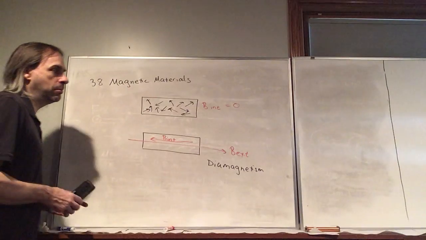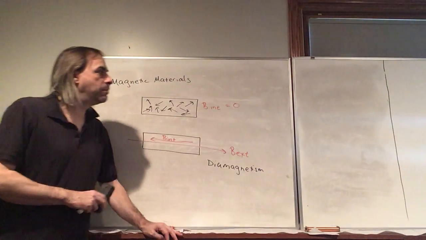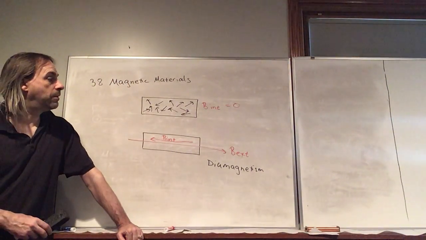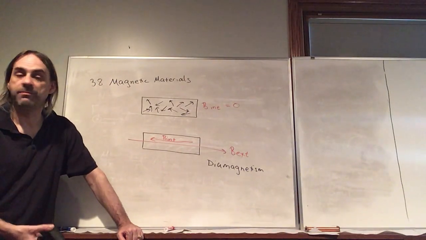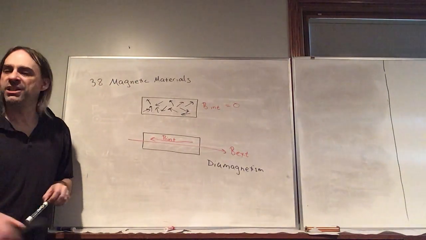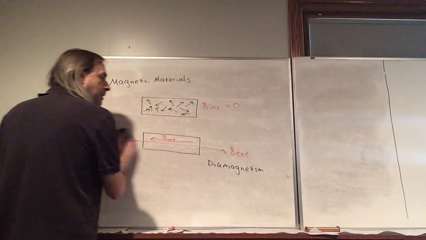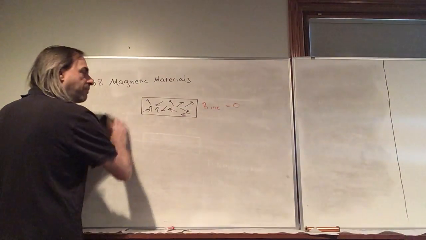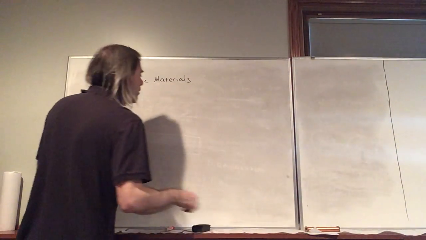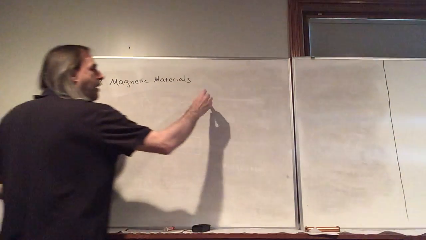Now, again, we could talk about magnetism, there's entire books written on just magnetic materials. So we're just going to talk about very basic concepts, and we're going to mention 3 properties. The next is ferromagnetism.